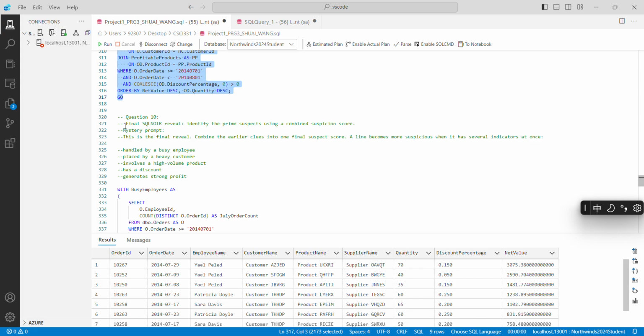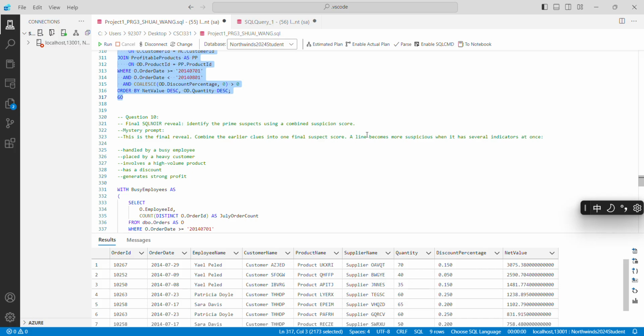Okay, question 10. Final SQL: we will identify the prime suspect using a combined suspicion score. Mastery 10: the final result. Combine the earlier clues into one final suspect card.